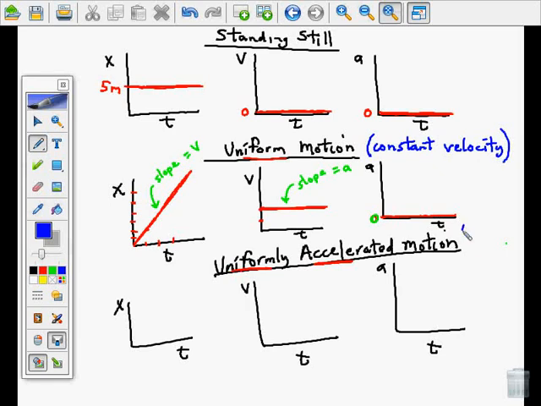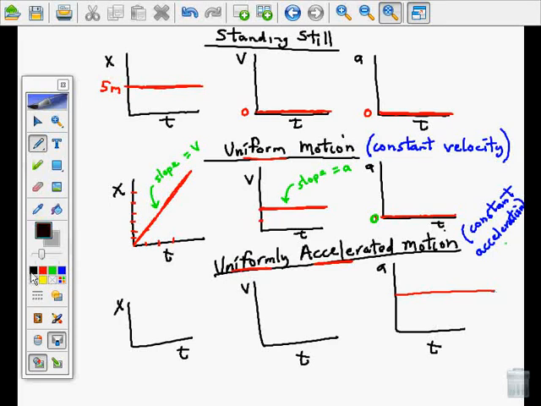Uniformly accelerated motion is constant acceleration. Free-fall motion is an example of uniform accelerated motion because the acceleration is always the same, -10 meters per second squared. Here, we're just going to make the object have some positive constant acceleration, so it's always the same number.